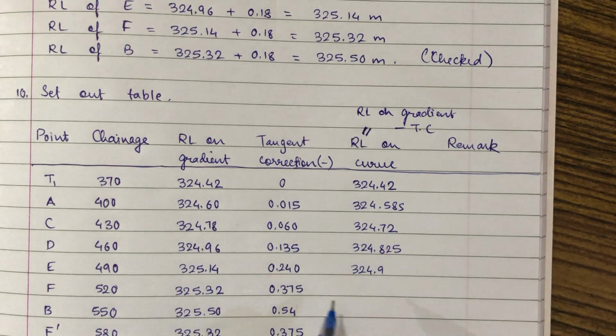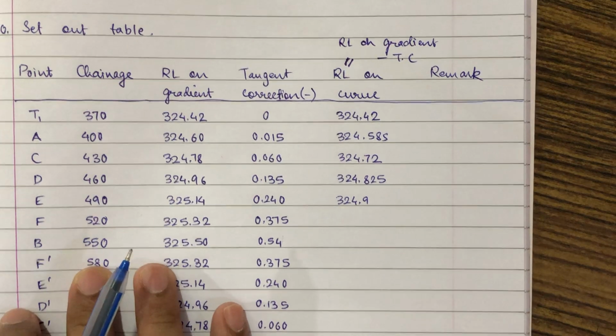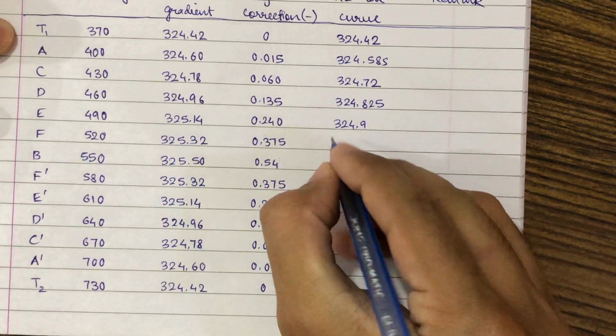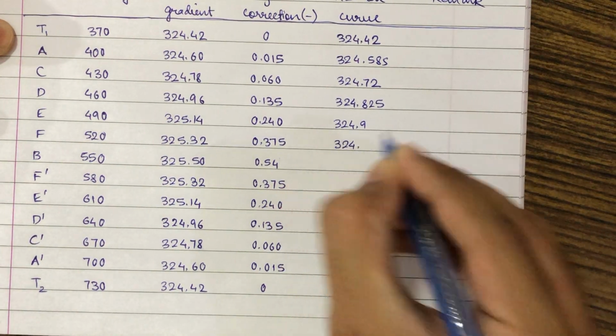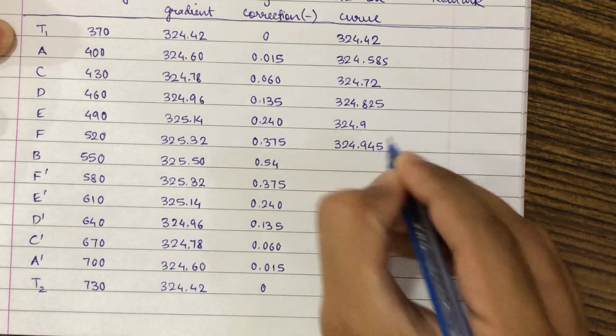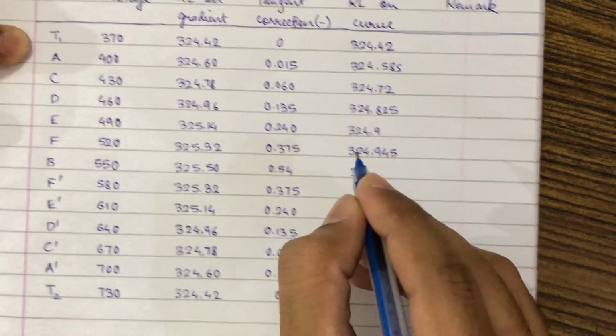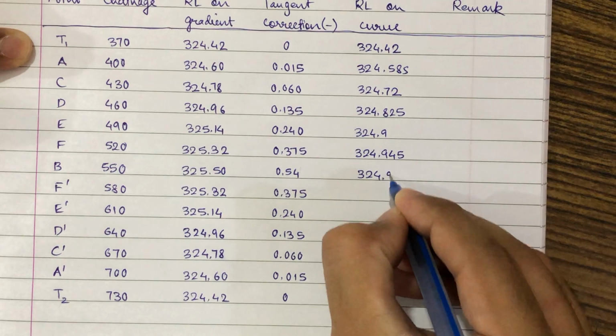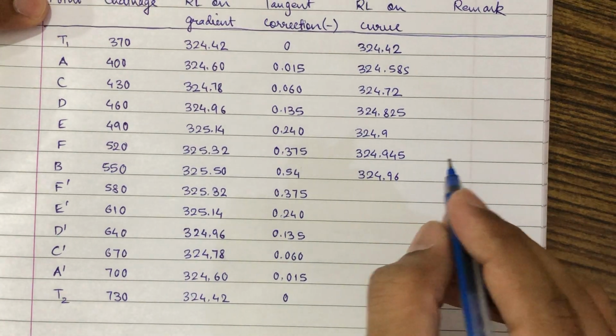This from this, it will be 324.9. Similarly, I'll write down all the values over here. This value will be 324.945. This will be 324.96.